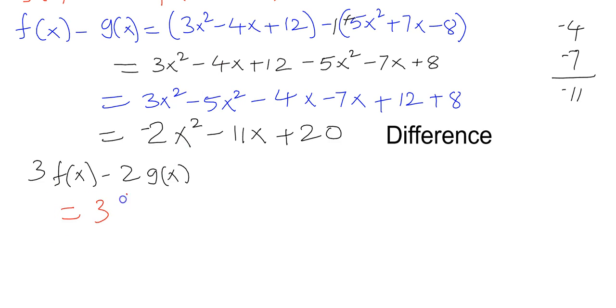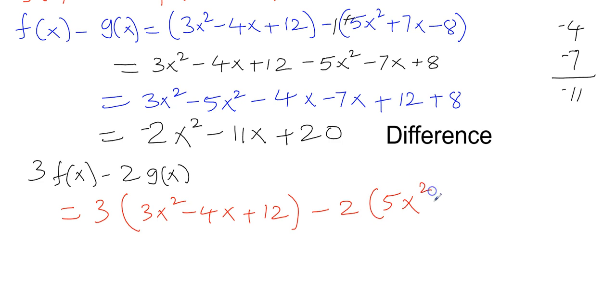So 3, your f of x is 3x square minus 4x plus 12, minus 2 times g of x is 5x square plus 7x minus 8. Alright, then I'll make use of distributive property.